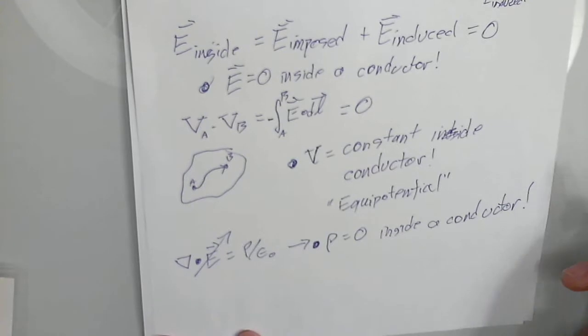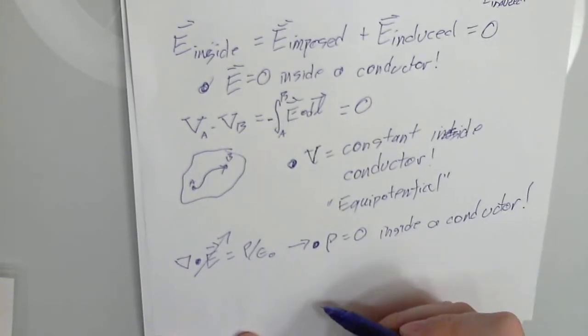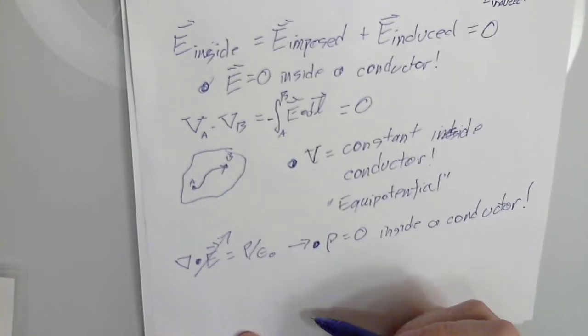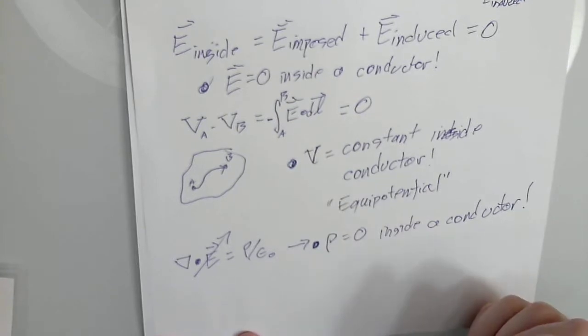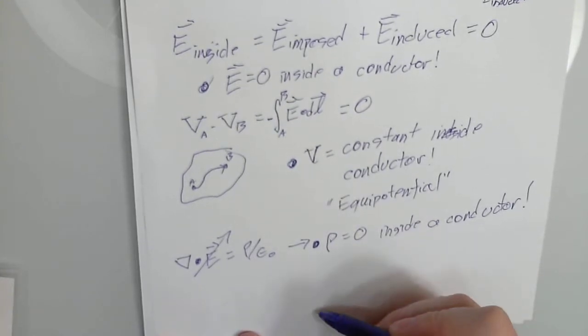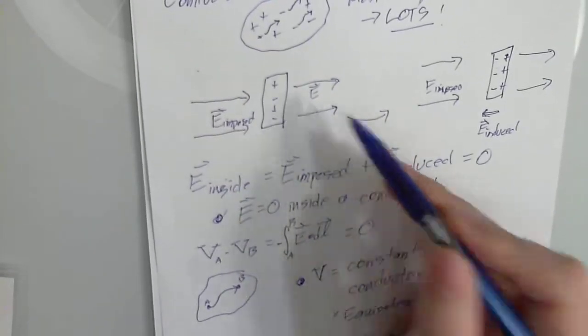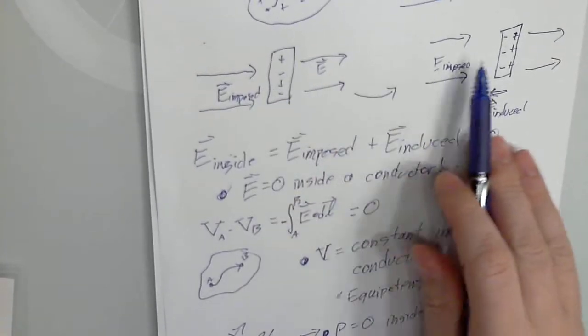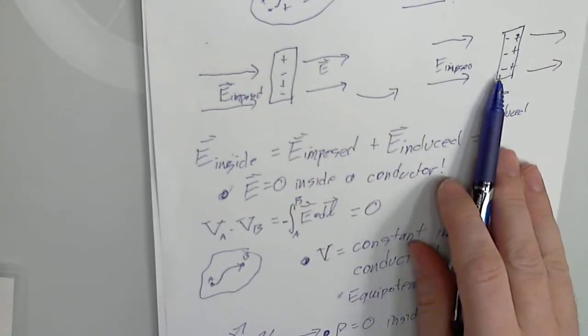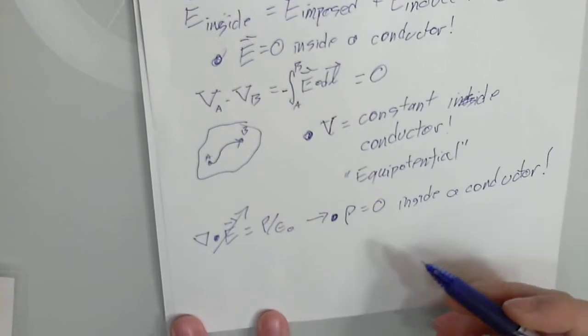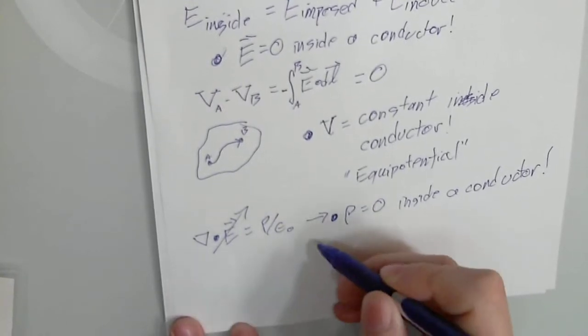Not necessarily. All right, think about what happened in the situation that we were just talking about, where we had an induced electric field. We did eventually have non-zero charges, but they're all located at the surface of the conductor.